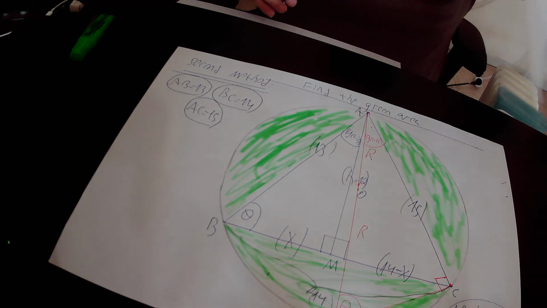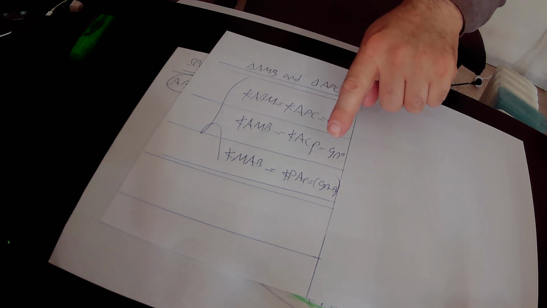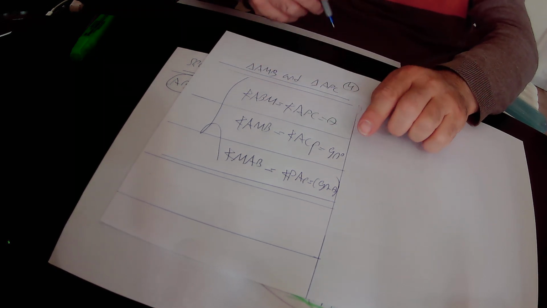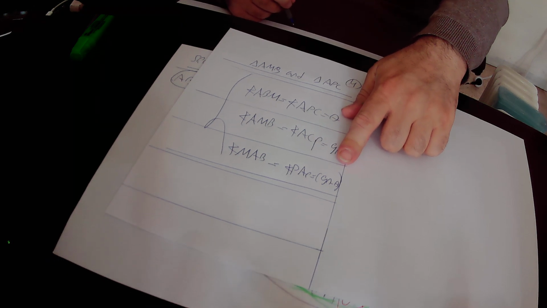Repeat again: angle MAB in triangle ABM equals angle PAC in triangle APC. They are both equal to 90 degrees minus theta, therefore they are equal to each other.